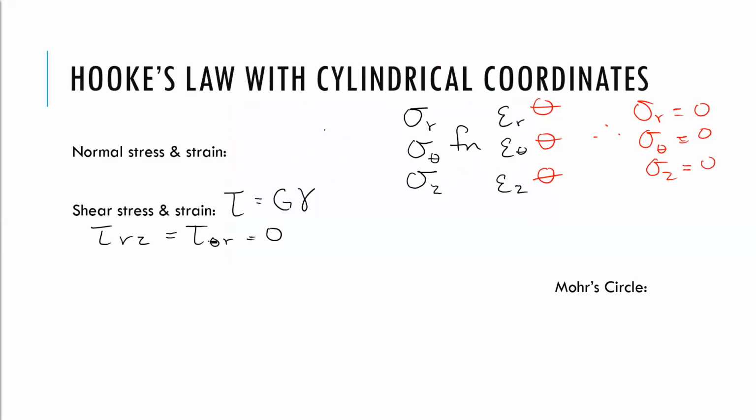But we have a gamma in the theta Z direction that is not equal to 0. So I can say that tau theta Z is equal to G times gamma theta Z. And we just calculated what gamma theta Z is equal to.